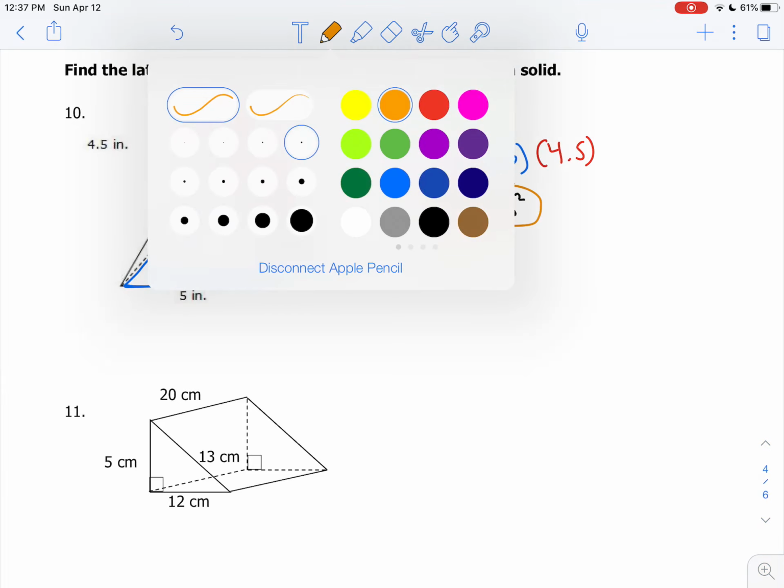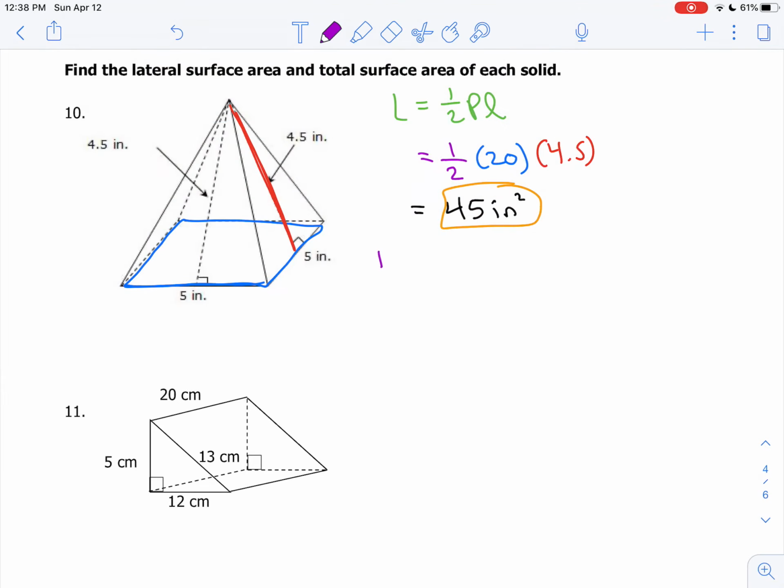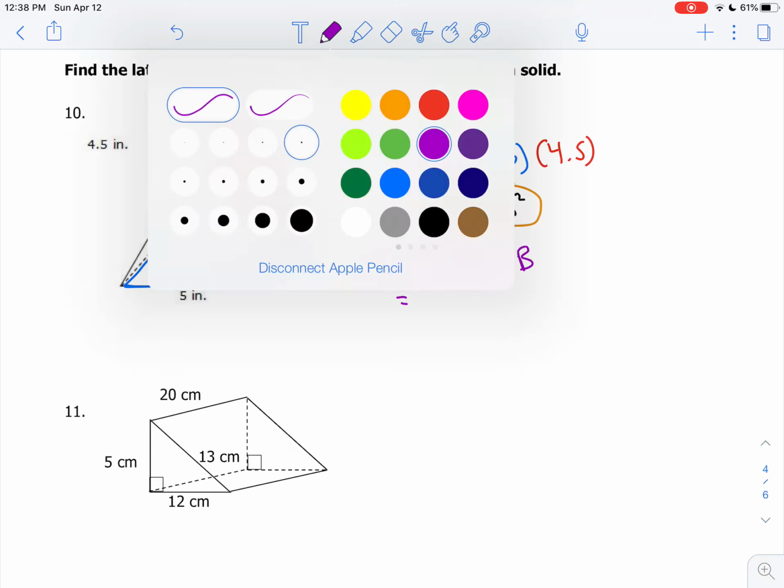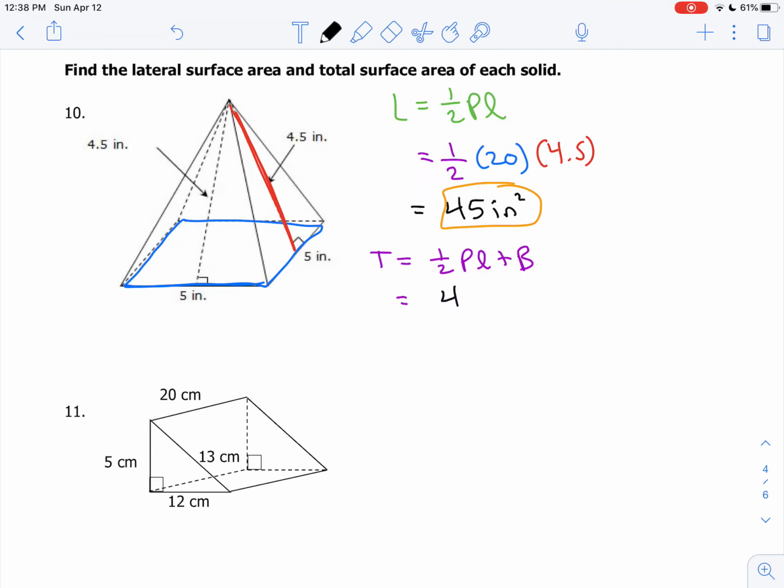Now I'm going to go to my formula sheet, and it says total surface area is 1/2 PL plus B. Here's the thing: don't do extra work. You already found the lateral area, so just write it down, 45.